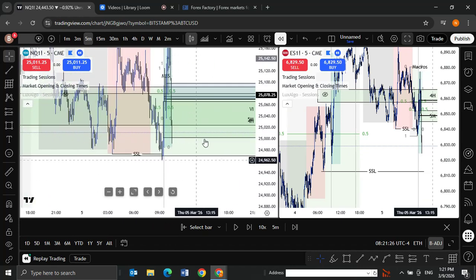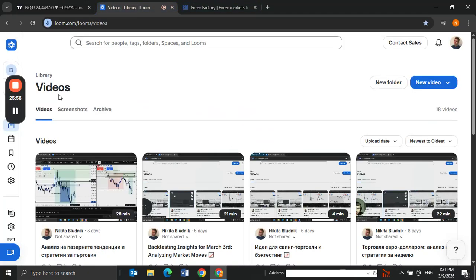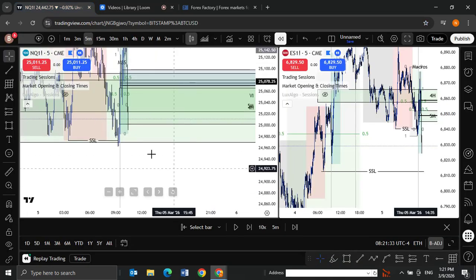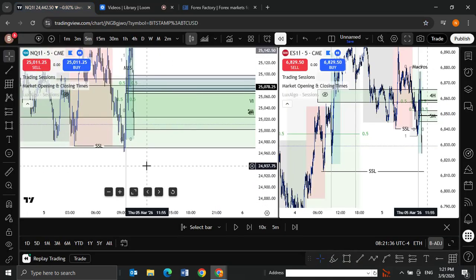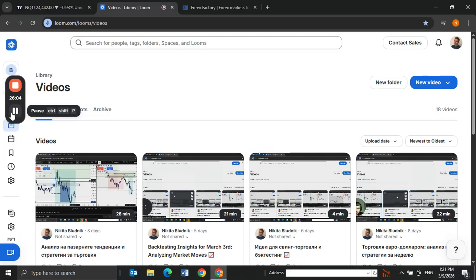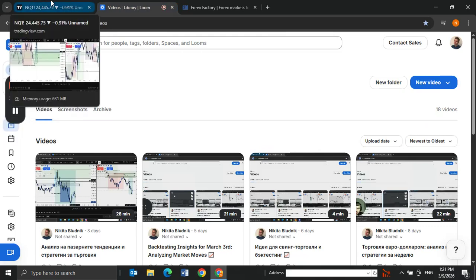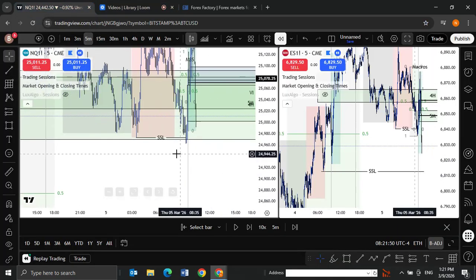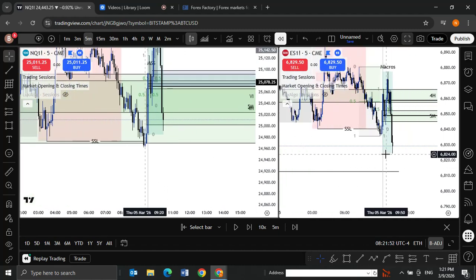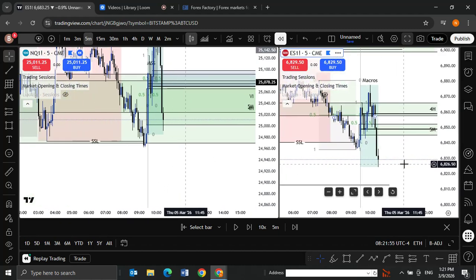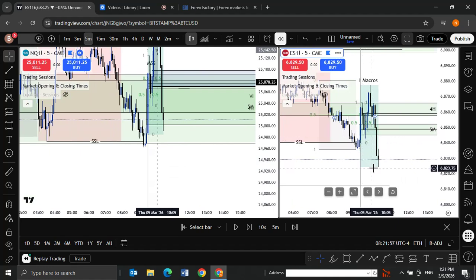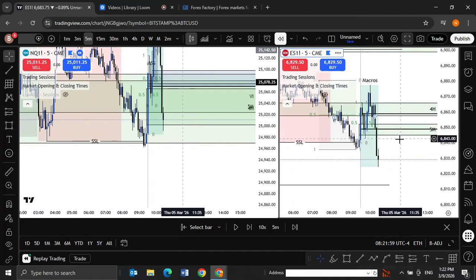starts to accumulate. If price comes back and gives me some sort of entry here, then I would potentially go to the sell side.